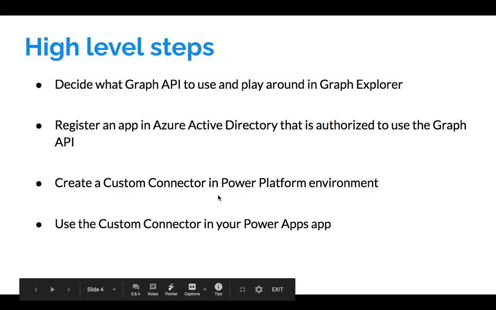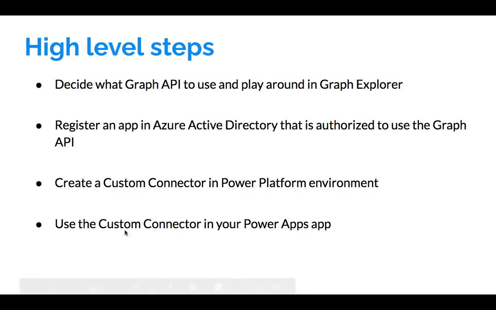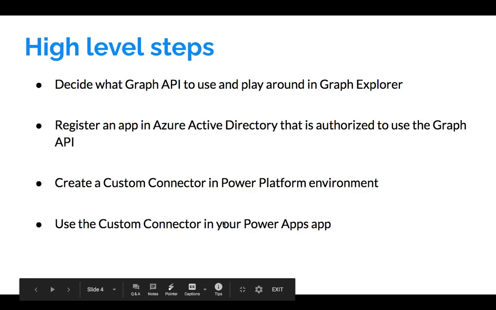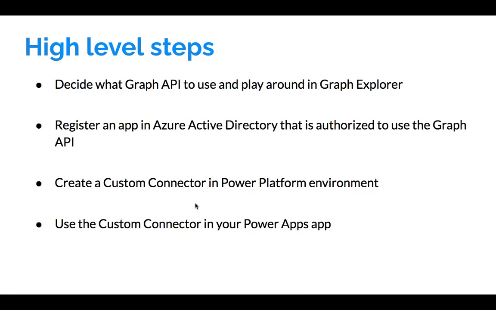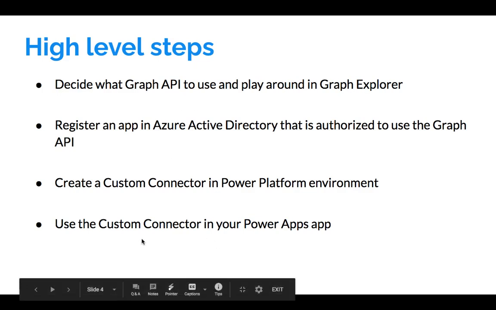You have your connector, you have tested it, but now it's time for you to use it. It should be the most simple step once you have done the heavy lifting and created the connector using the APIs that you chose. But just to complete the loop and show the complete scenario, I'll also show you how to use that connector in your Power Apps app.